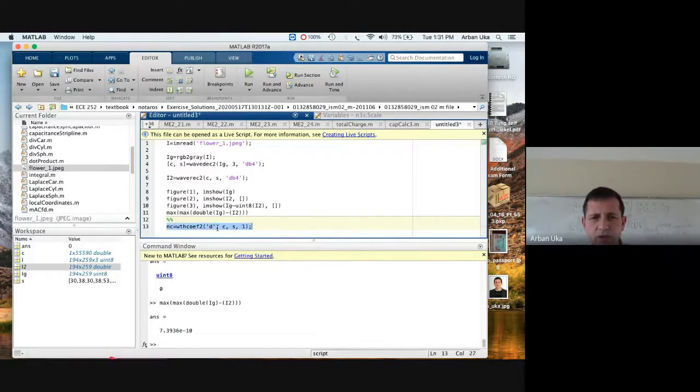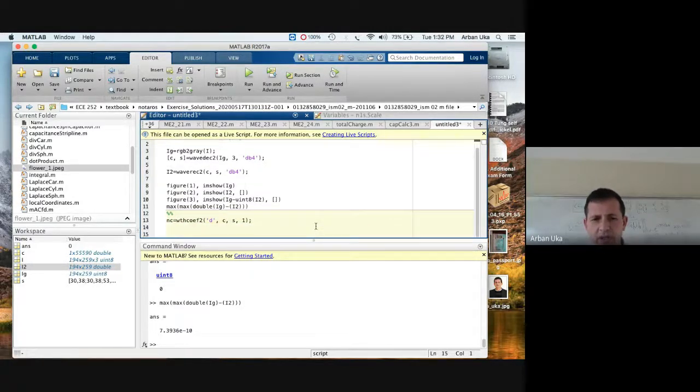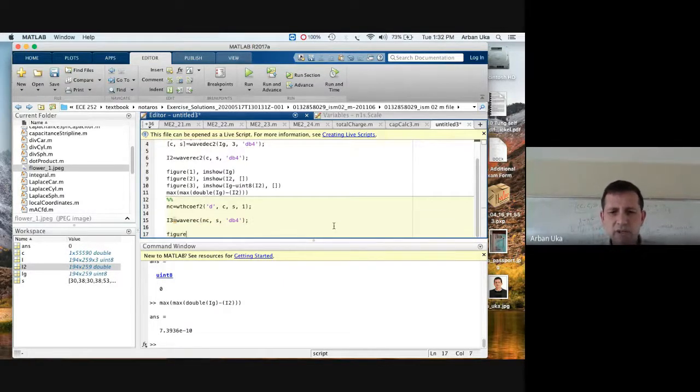So we can remove the diagonal first level, and then we can try to reproduce this one, I3, where I3 is going to be equal to wave recomposition using C and S using dB4. Let's try to see if we can observe anything from figure 4, which is going to be imshow I3.